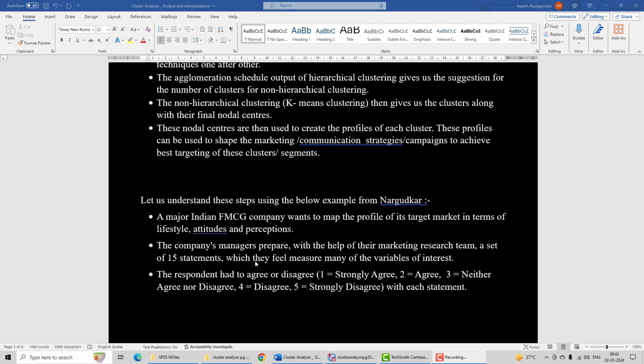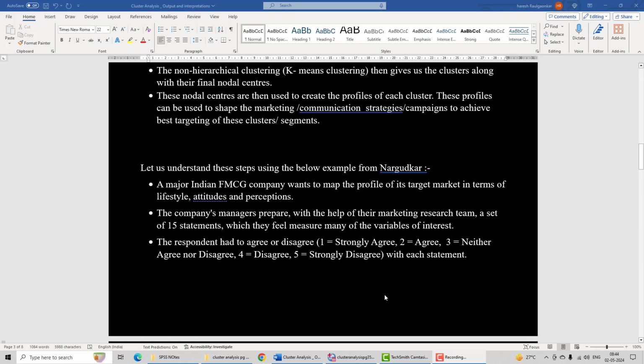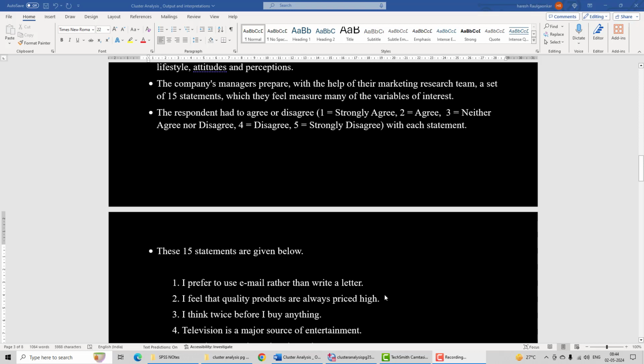In the survey, the respondents had to give their opinion on a 5-point Likert scale: 1 strongly agree, 2 agree, 3 neither agree nor disagree, 4 disagree, and 5 strongly disagree.